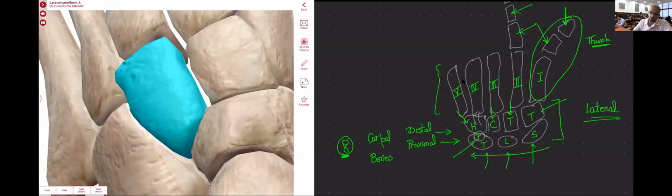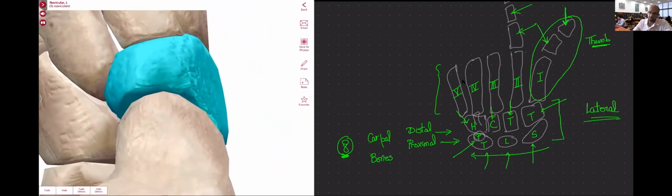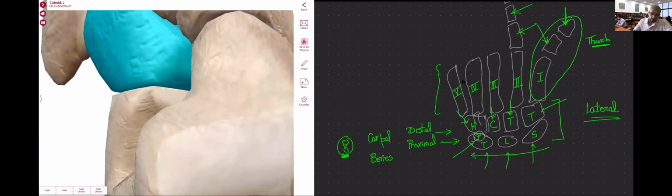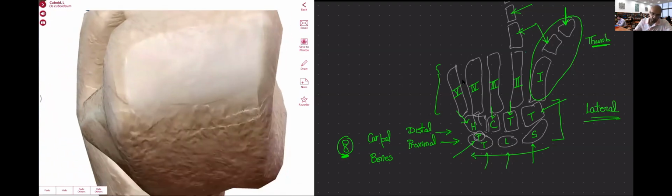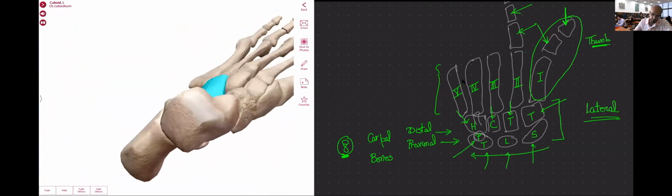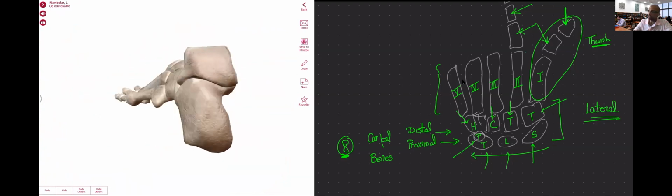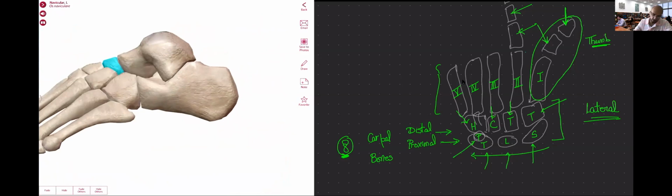And then all the 3 are articulating posteriorly with my navicular bone. Both the navicular and the lateral cuneiform are articulating with my cuboid bone.